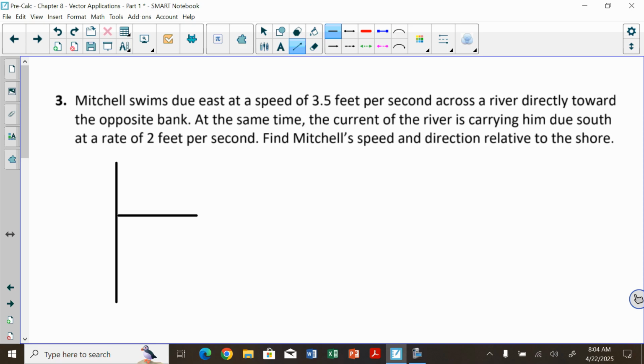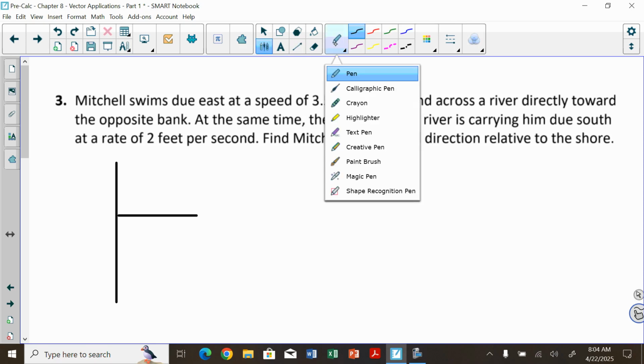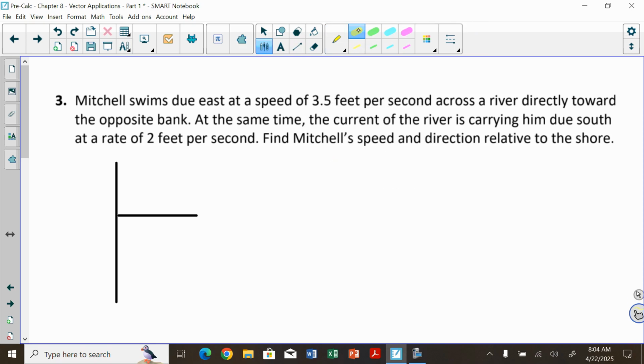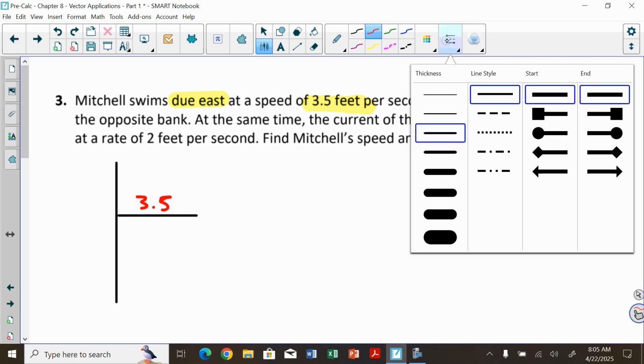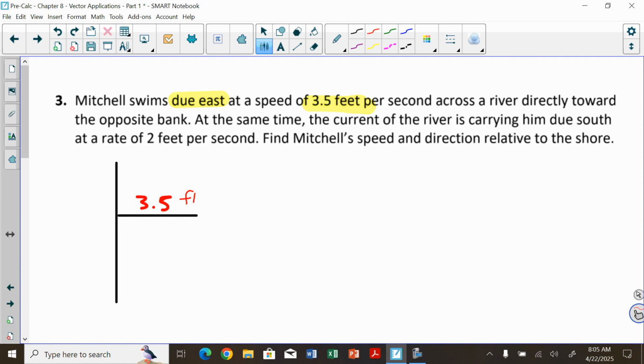That takes care of going due east at a speed of 3.5, so we mark that here as 3.5 feet per second. At the same time, the current is taking him due south at a rate of 2 feet, so we go down here at 2 feet per second.